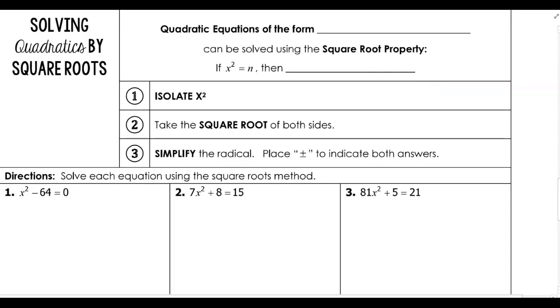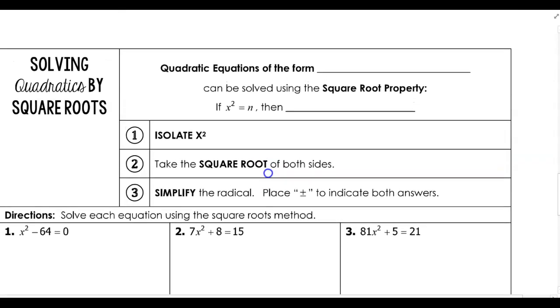Now we're going to move on to what I talked about in the beginning. The goal of this lesson is to solve quadratics by factoring. So quadratic equations of the form ax squared plus c equals 0.